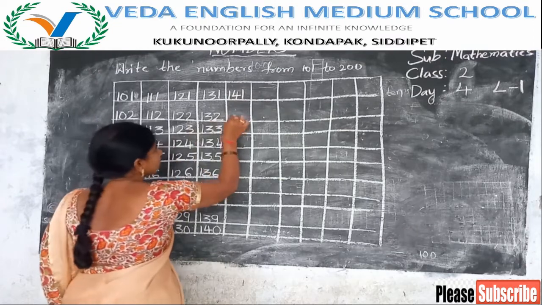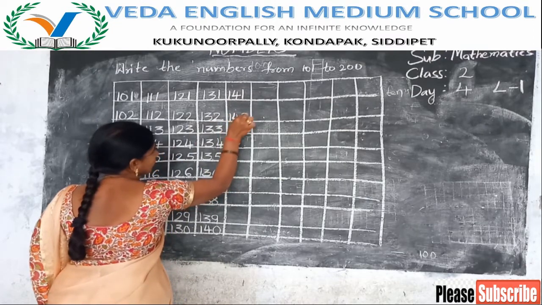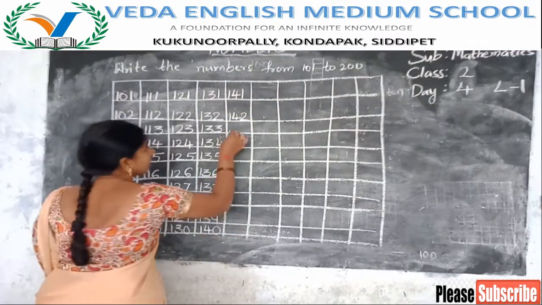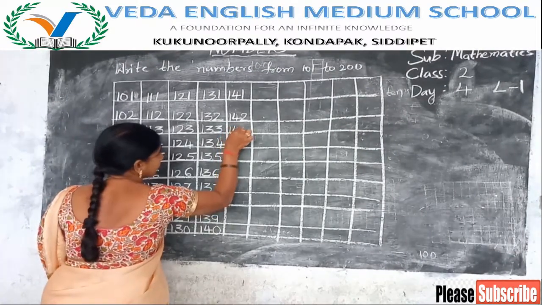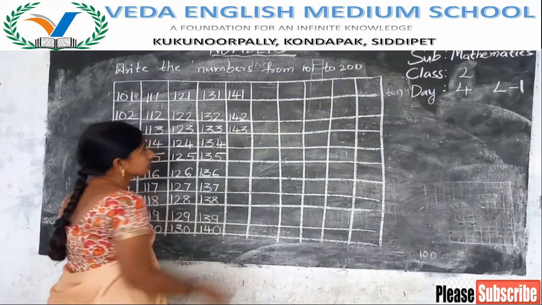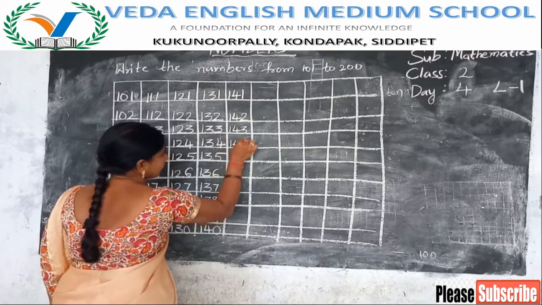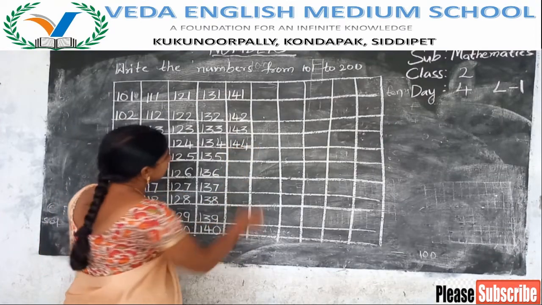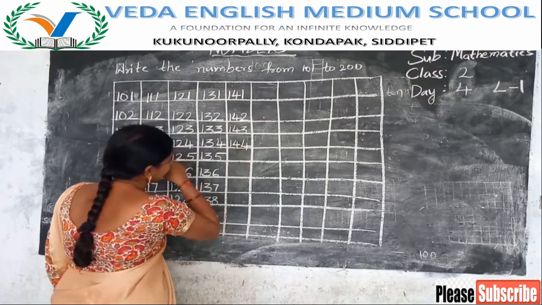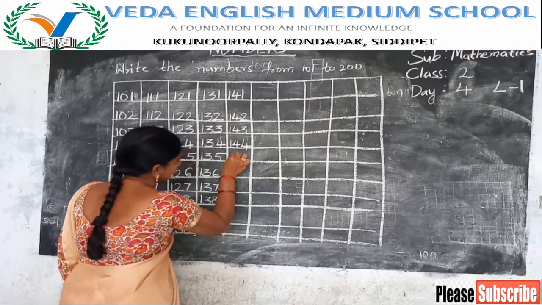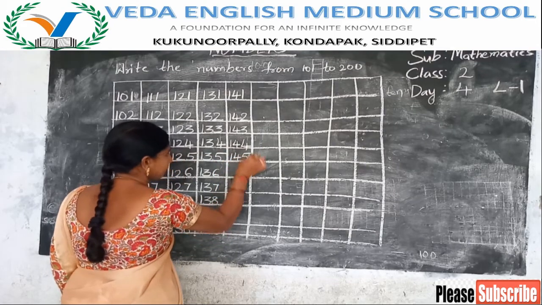141, 142, 143, 144. After 144, what will we get? 145.